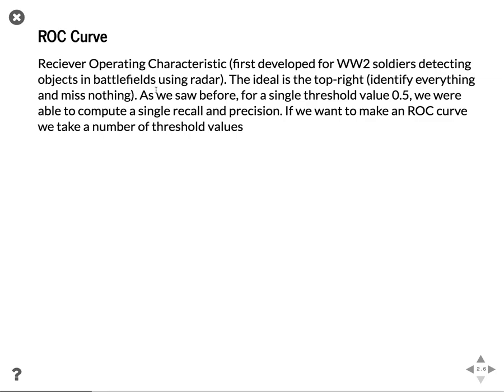And so they needed a way to quantify, if we see a spot on our screen, how likely is it that it's a Nazi warplane or enemy fighter? And if we don't see a spot, how confident can we be that no warfighter is coming?